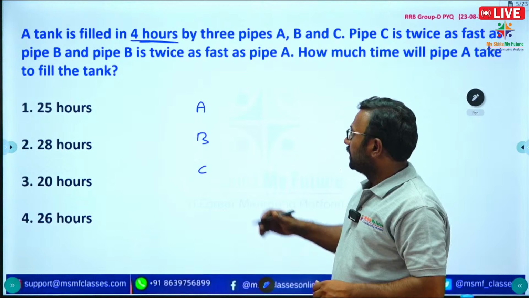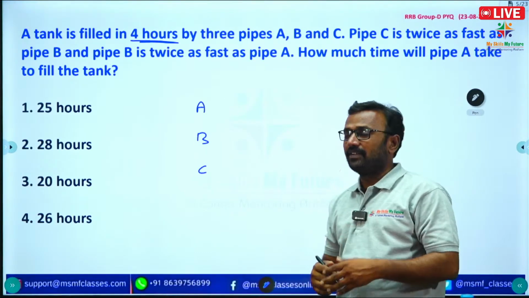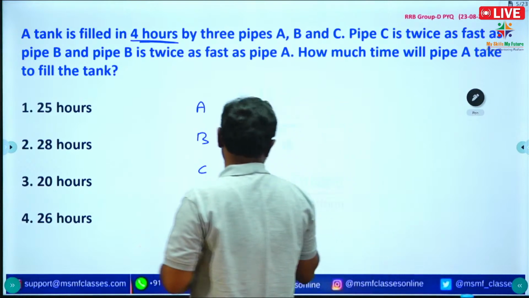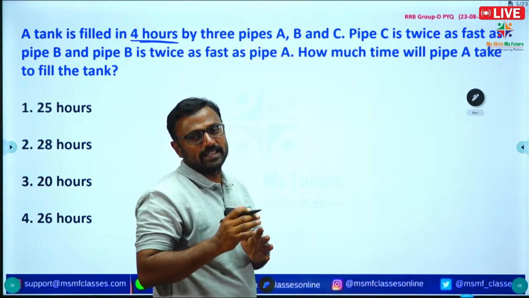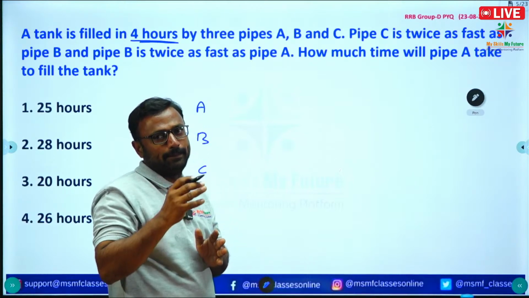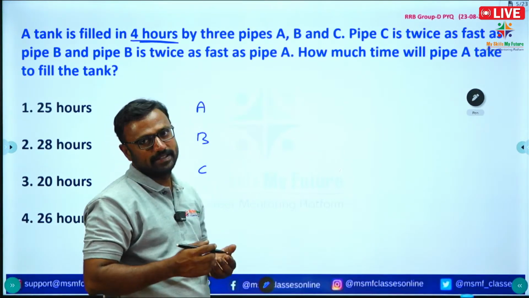There are 3 pipes filling the tank in 4 hours, and they gave the information that pipe C is twice as fast as pipe B, and pipe B is twice as fast as A.